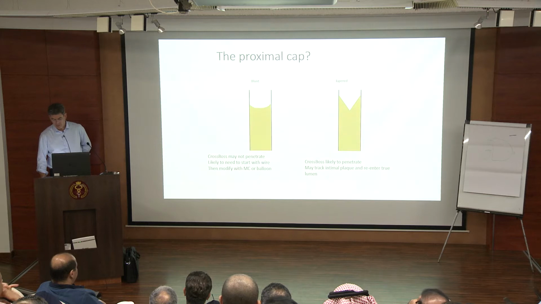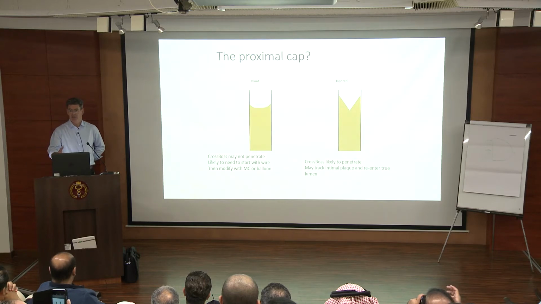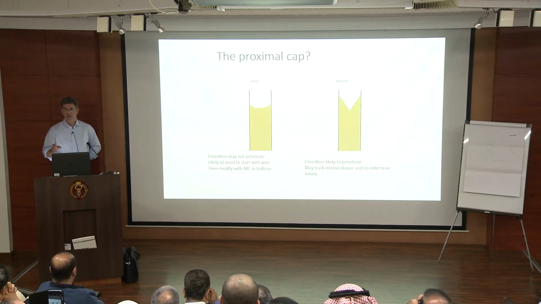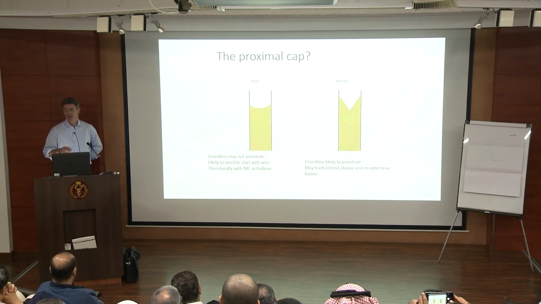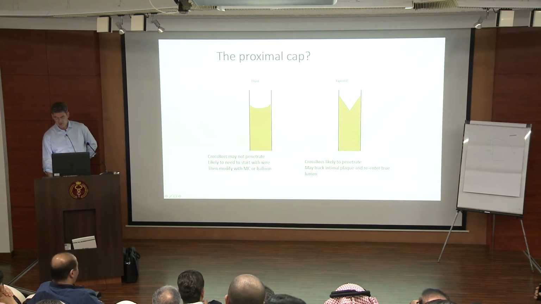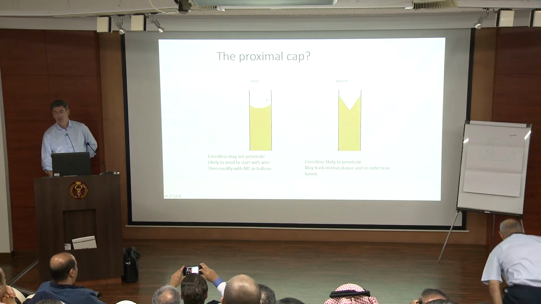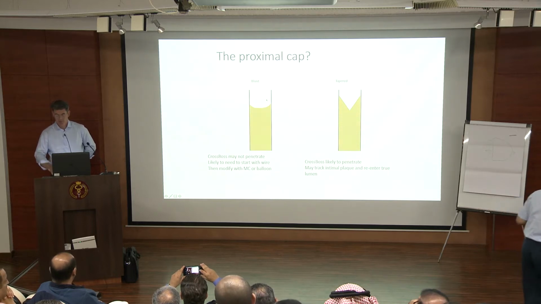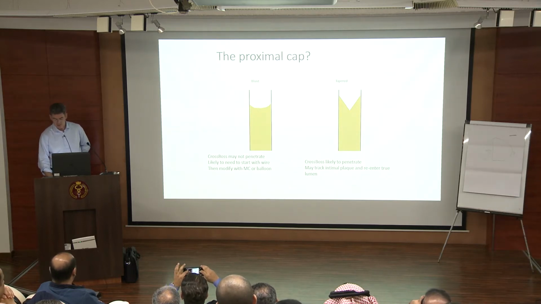Now we'll have labelled this point, but the proximal cap we used to think was of prime importance in our ability to get into the vessel architecture. But as you'll have seen from the discussions about base and side base, even if you've got osteal occlusions, if you can get into the vessel architecture, then once you're in the subintimal space, you have a way to get out of it.